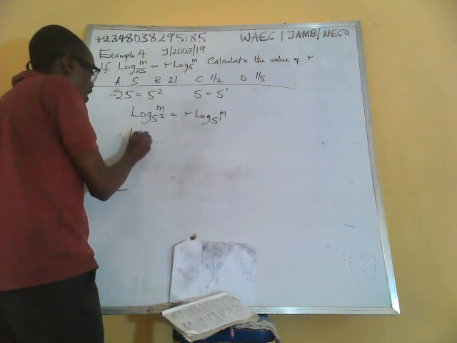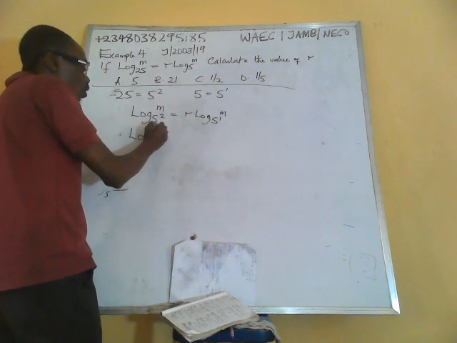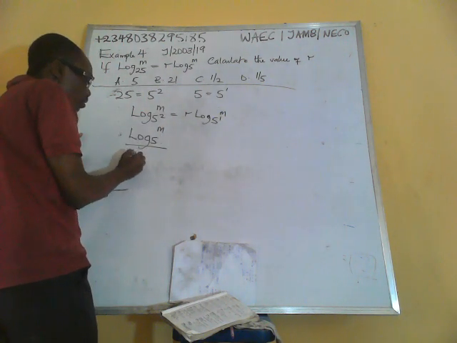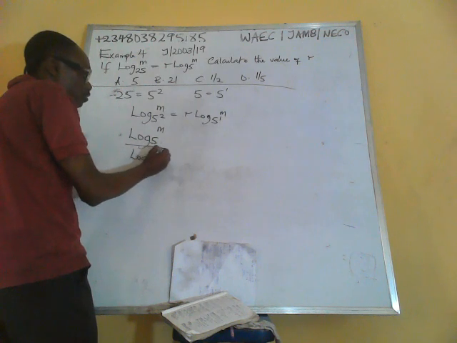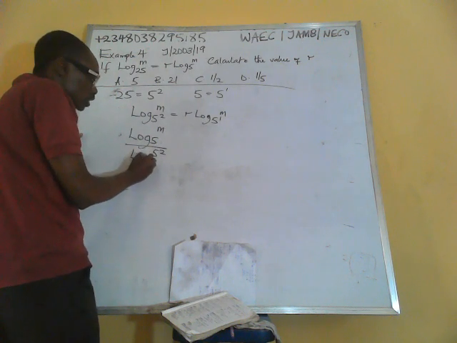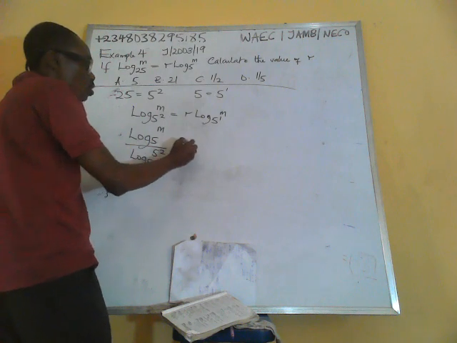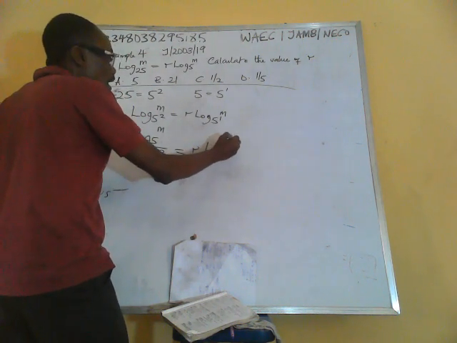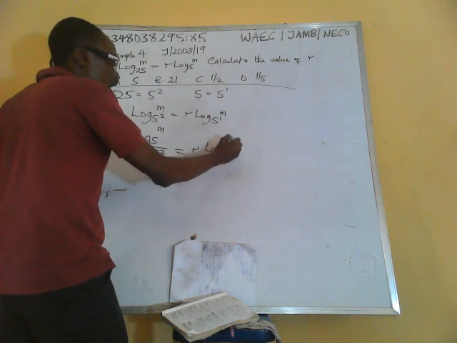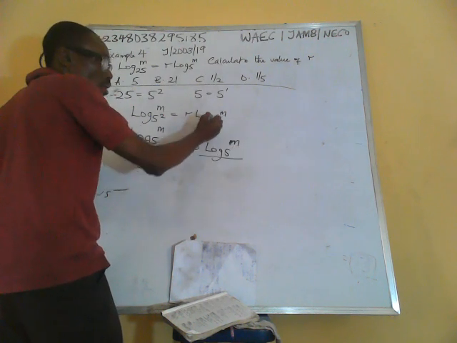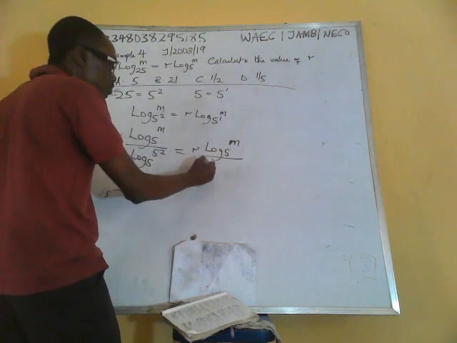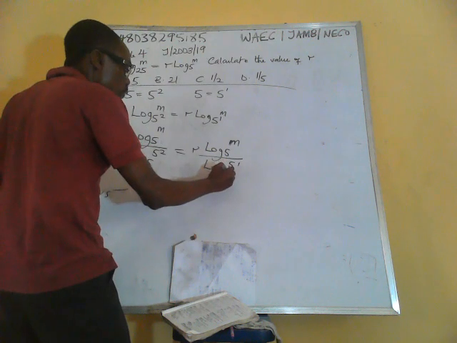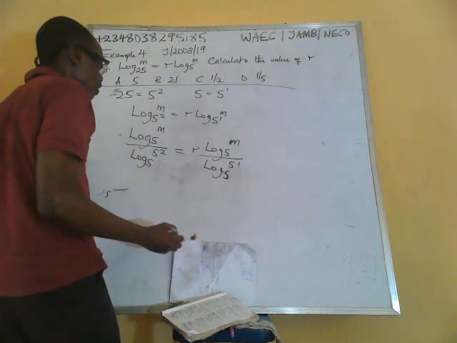So over here, this is going to be log m to the new base 5 all over log 5 raised to power 2 to the new base 5, equal to r times log m to the new base 5 all over log 5 raised to power 1 to the new base 5.